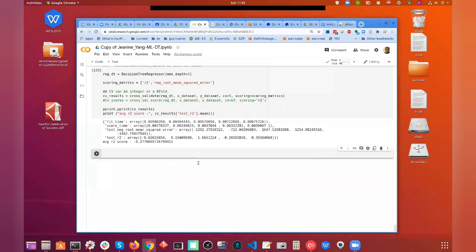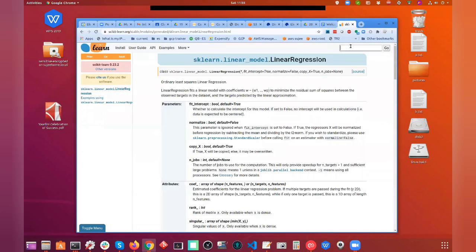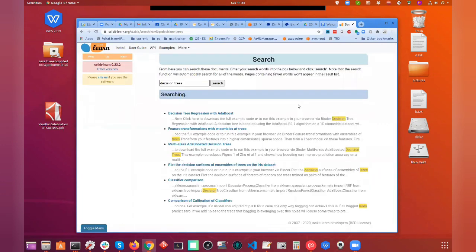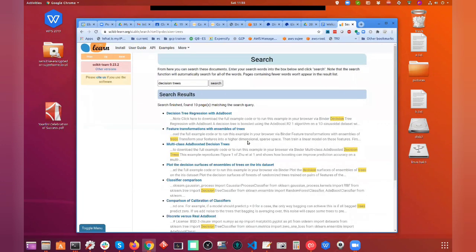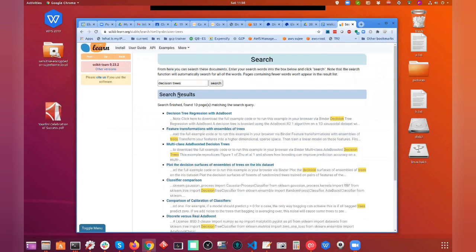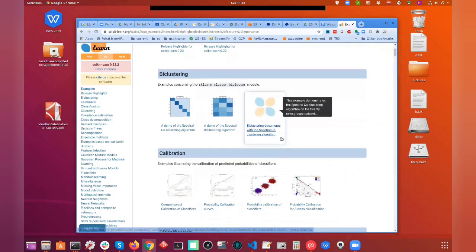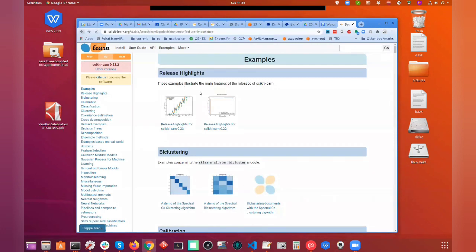Anyway, there's an attribute called feature importance.